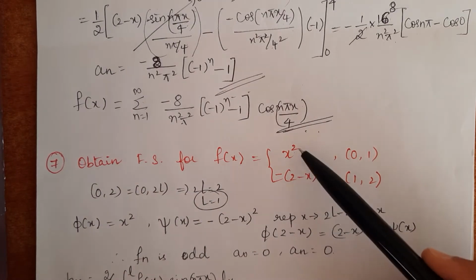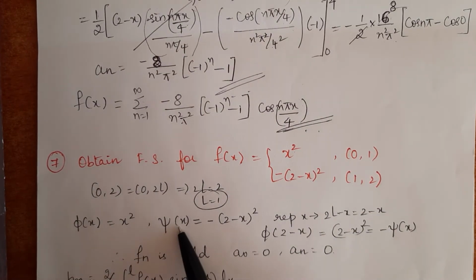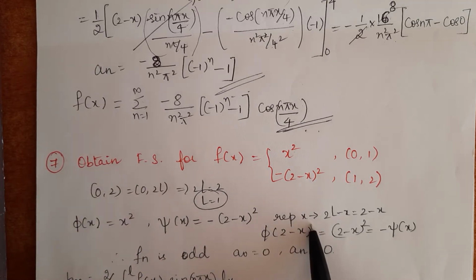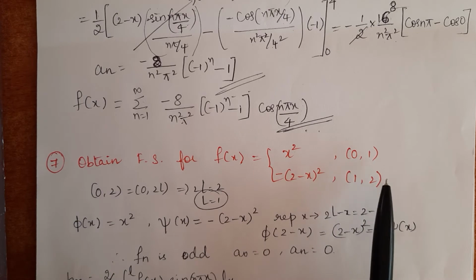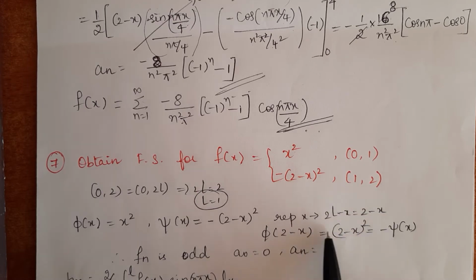Since we have two splitted functions, phi of x is taken as x square and psi of x is taken as minus of 2 minus x the whole square. Here we should replace x by 2l minus x. Since the interval is between 0 to 2, we should replace x by 2l minus x, that is 2 minus x in the first function.